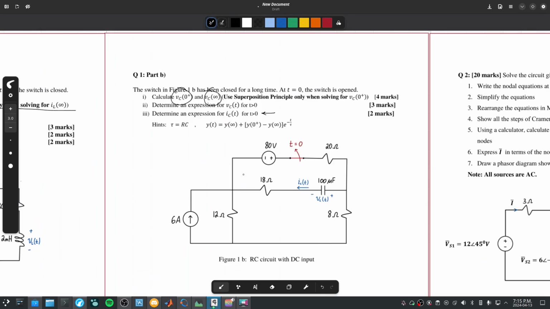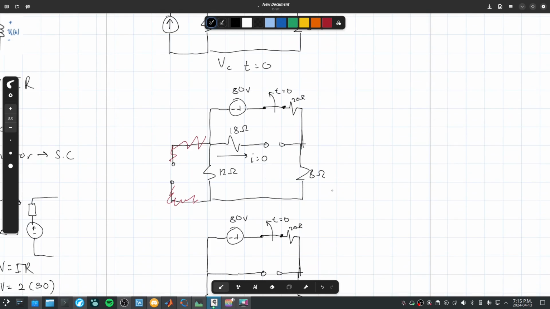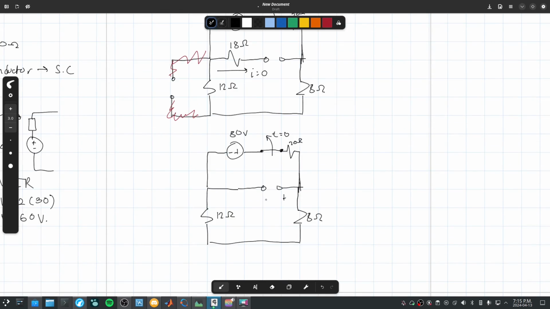Plus here, minus here, VC. Everyone understands why that resistor was removed, right? Because no current running through a resistor, no voltage drop, might as well not exist.